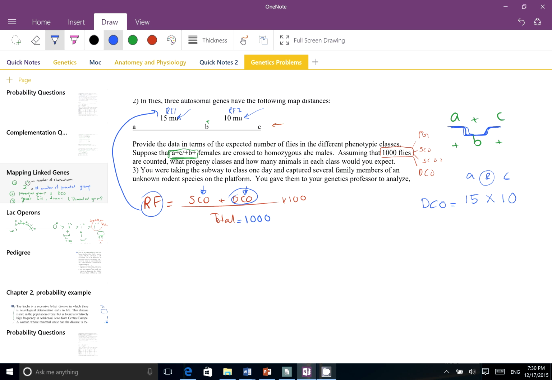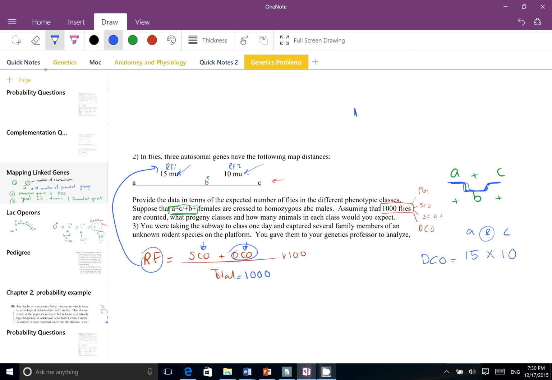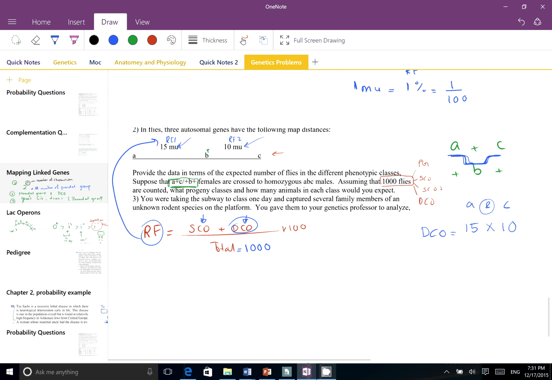I'm sorry, if you have 1 map unit, it's equal to 1 relative frequency percent, and a percent is actually 1 divided by 100. So this is supposed to be divided by 100, because I forgot to tell you that part. So it's those two frequencies.